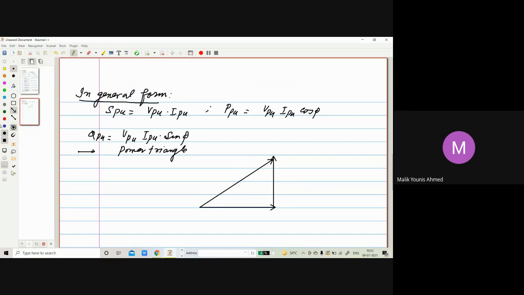Okay, so that's your power triangle. This is angle phi. In the base, it will be real power. In quadrature, it will be reactive power. And in the hypotenuse, it will be complex power or apparent power. So these things you have to remember.